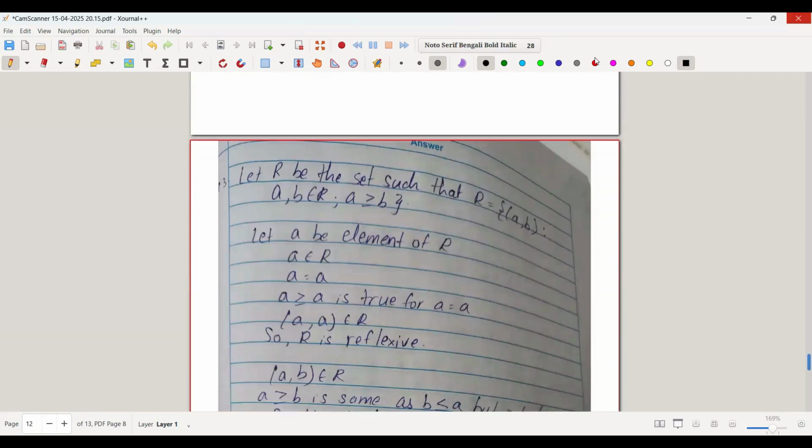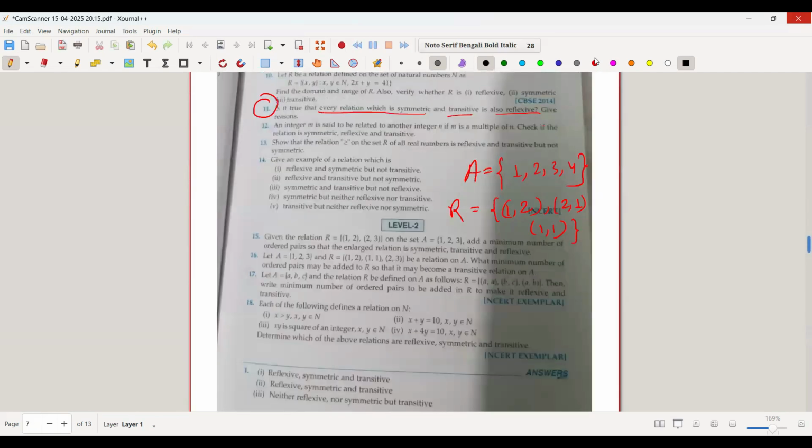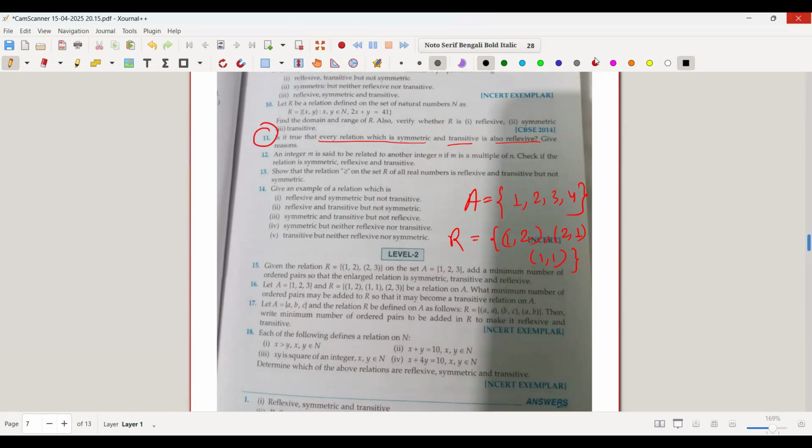Okay. Question number 13. Show that relation greater than equal to on the set R of all real numbers is reflexive and transitive but not symmetric.